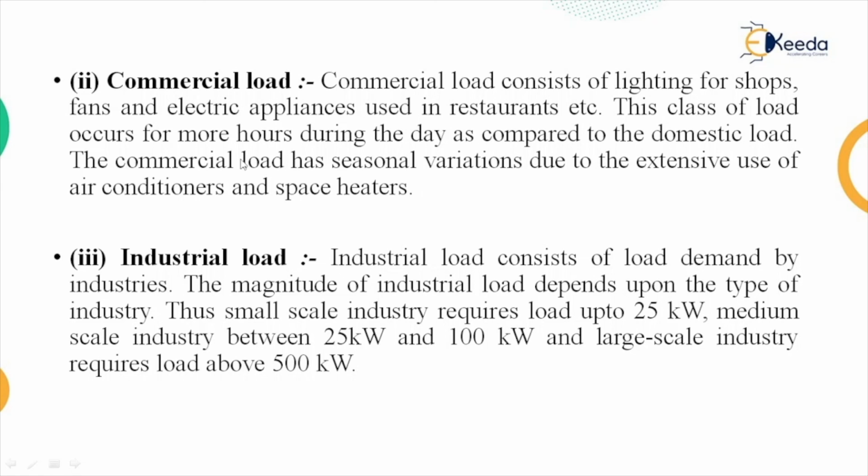We know that in commercial load, in the shops, the lights, fans and ACs are switched on for the whole day. So it is more as compared to the domestic.